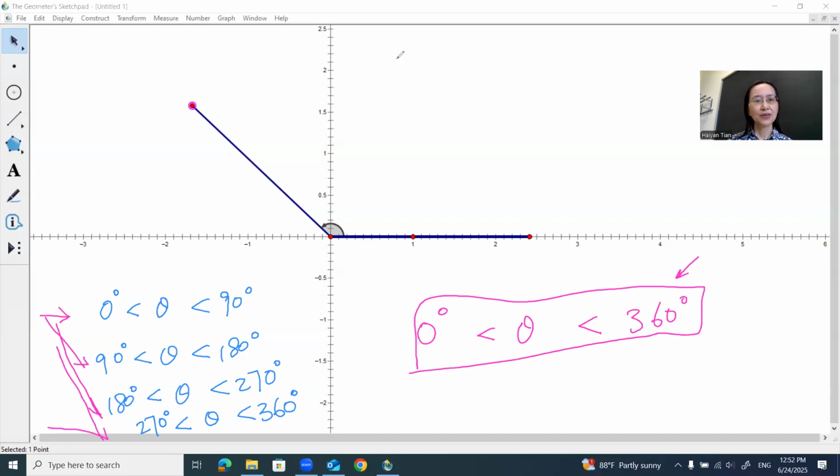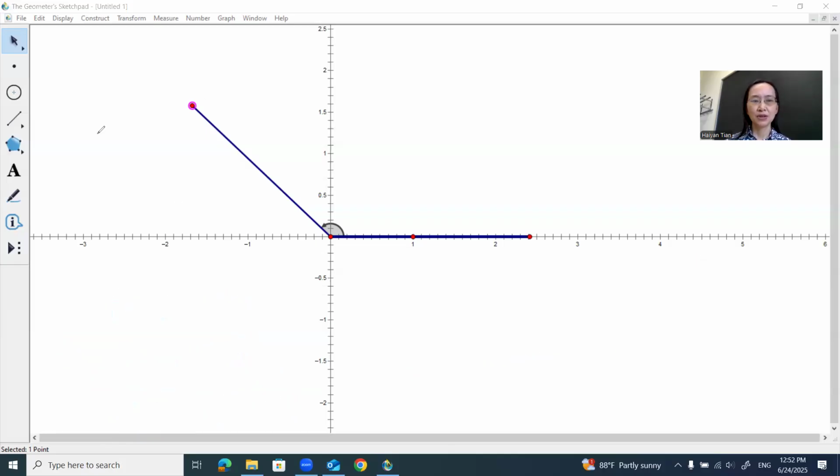In this example, we're going to look at an angle which is not acute. Let's say we want to evaluate cosine 225 degrees.